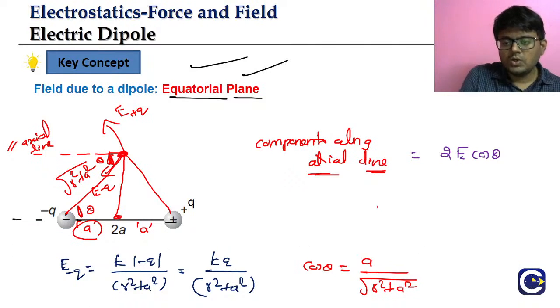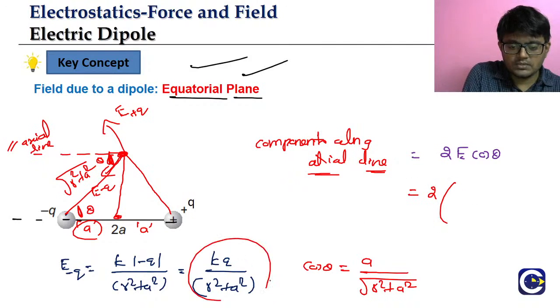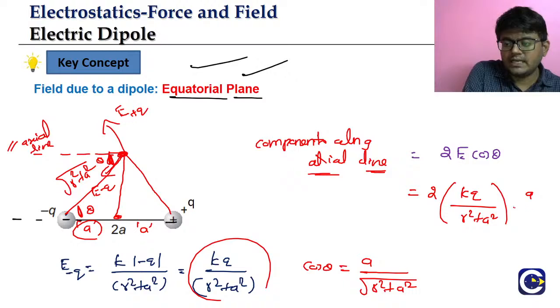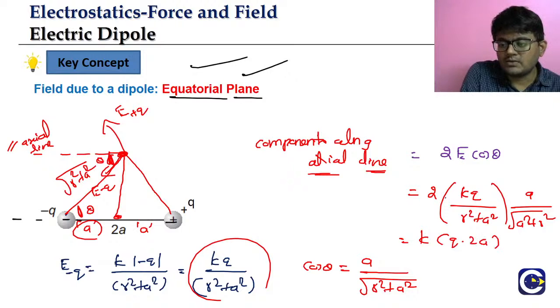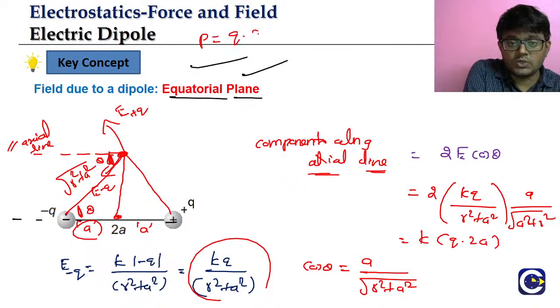So the net electric field is 2 into E, which is kq by r square plus a square, into cos theta, where cos theta is a by root r square plus a square. So we get k into q into 2a. Why do we write it this way? Because we want to represent it using the dipole moment. Dipole moment is q into 2a.